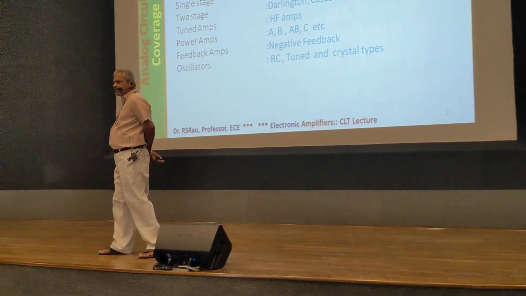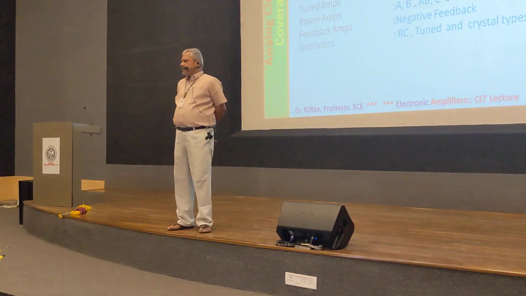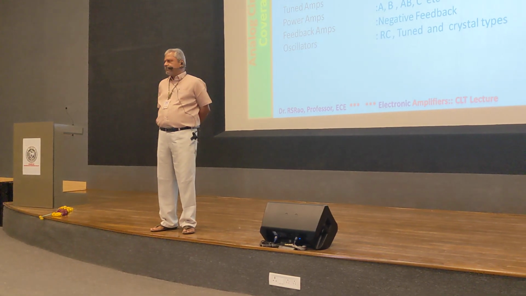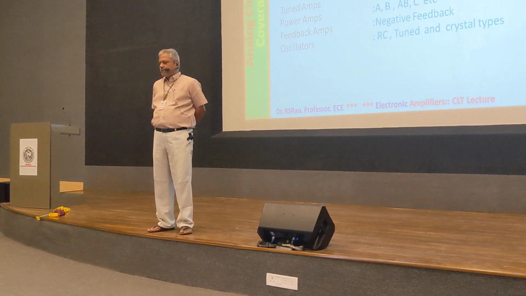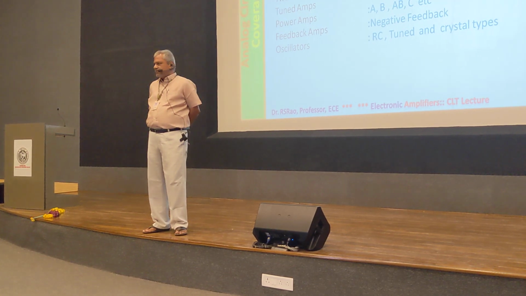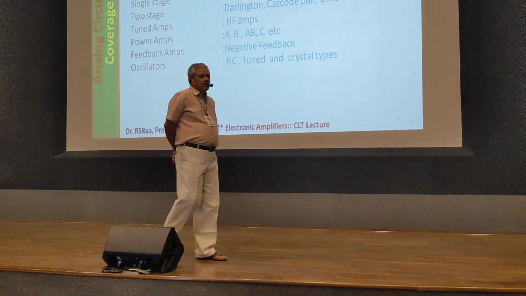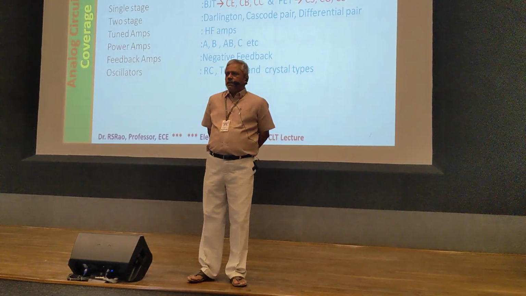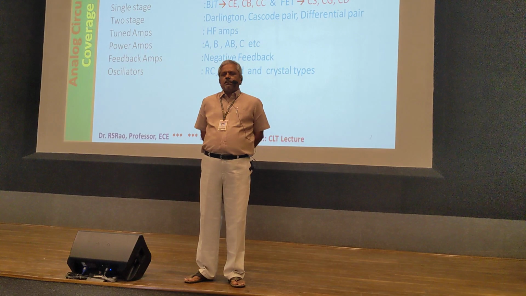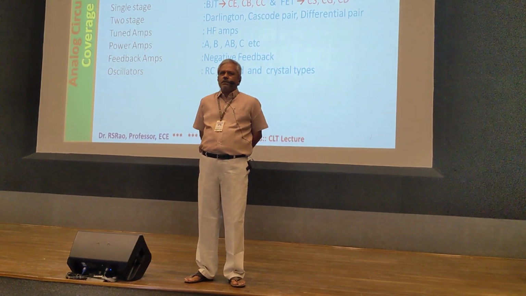Most of the time we use negative feedback by proper sampling, by proper mixing: voltage series, voltage shunt, current series, current shunt. Different types of sampling and mixing methods are there. So by selecting the appropriate one, we can stabilize. Gain stabilization is an important aspect.